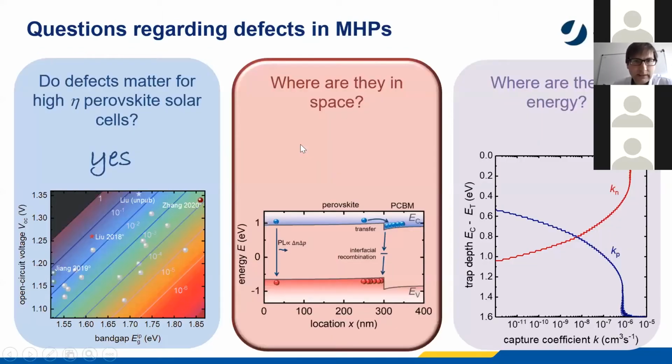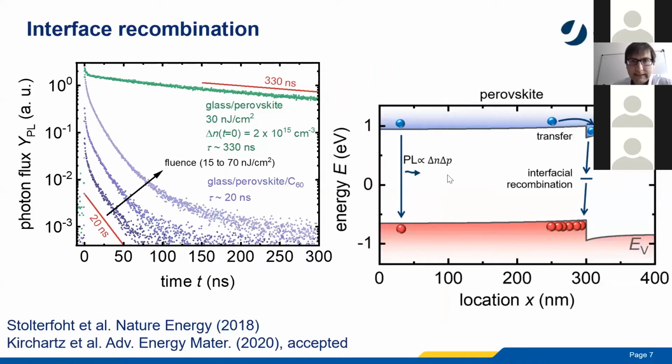Okay, so the next question, after we've answered the first one with a yes, would be, where are they in space? And with that, I mean, are they predominantly at the surface or at interfaces within the perovskite, or is it more the bulk material that matters? And what you may have noticed yourself, if you've ever measured transient photoluminescence as a function of time, is that perovskite on glass, or ideally passivated perovskite films on glass, often have quite long lifetimes in the hundreds of nanoseconds or even microseconds.